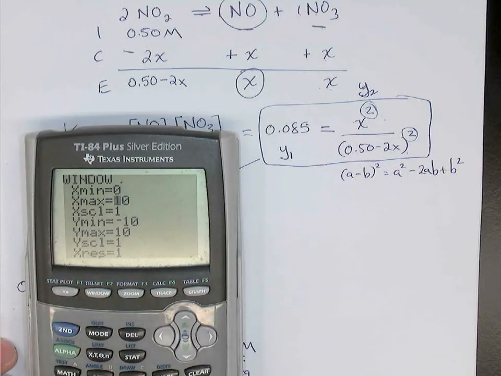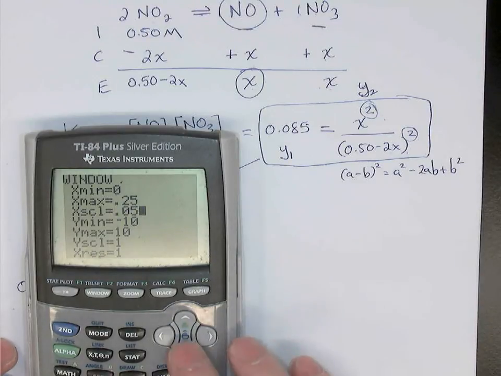So my maximum x is 0.25. The scale, if I'm going to go from 0 to 0.25, maybe I'll just go up by 0.05s. That's just the scale on the graph.